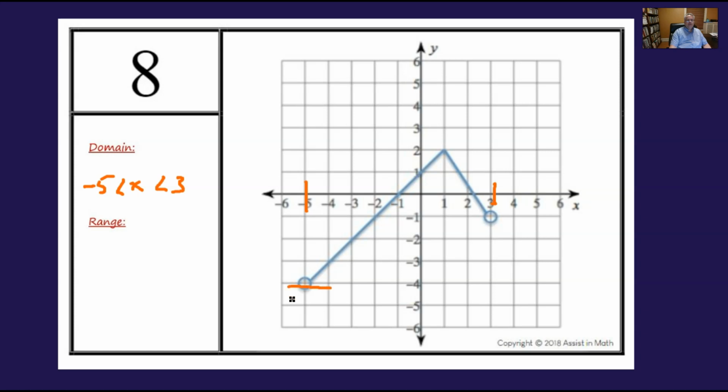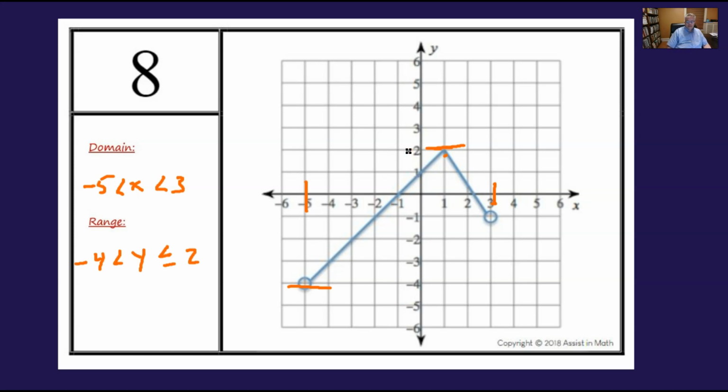Well, this graph goes from -4 and all the way up to 2. And there is an actual point that does have a y value 2. So I'm going to say less than or equal to 2. All right, so that's the range of x values, and this is the range of y values.